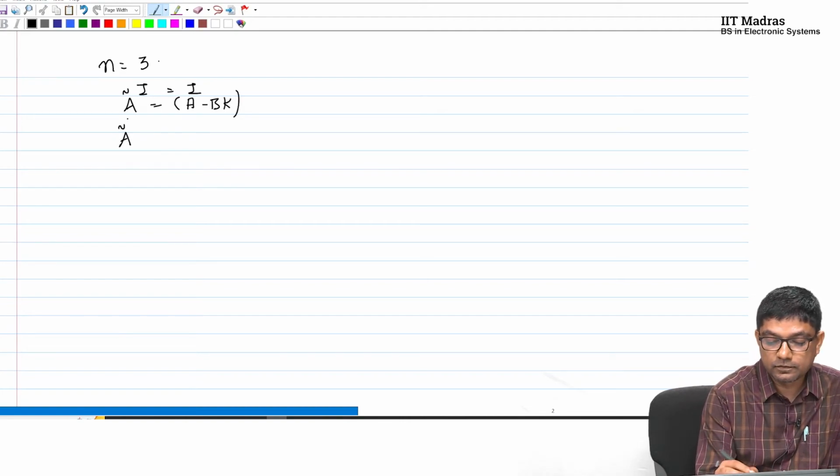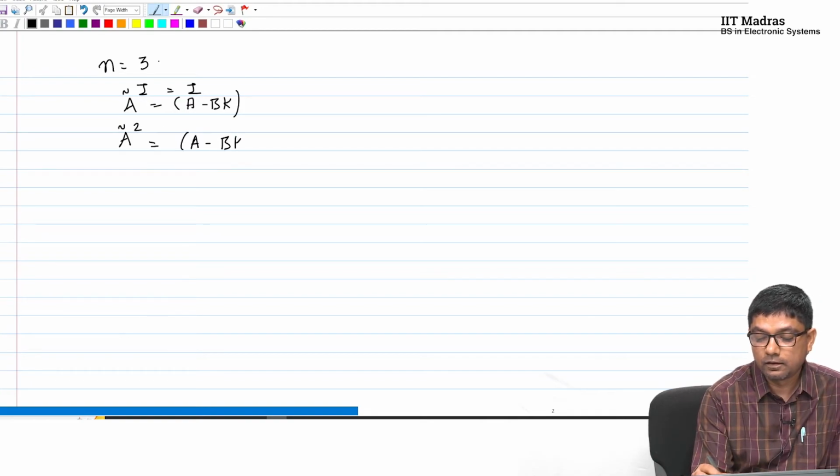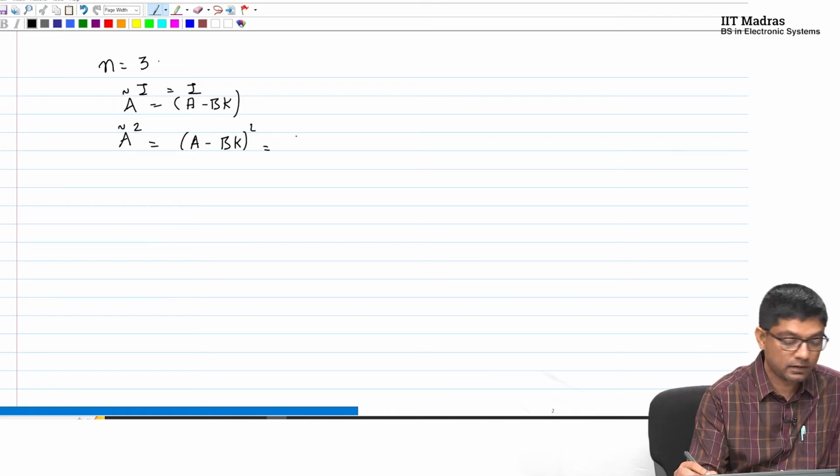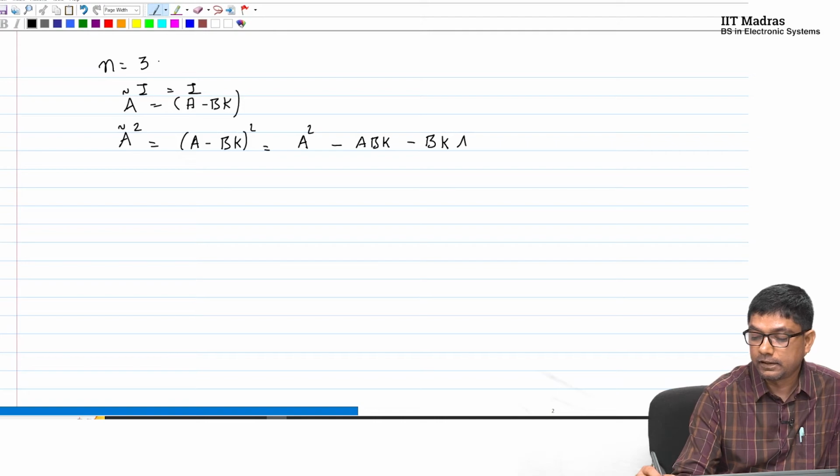These are all the terms in my characteristic equation. A tilde square will now be A minus bk whole square. So this will be A square minus A bk minus bk A tilde.